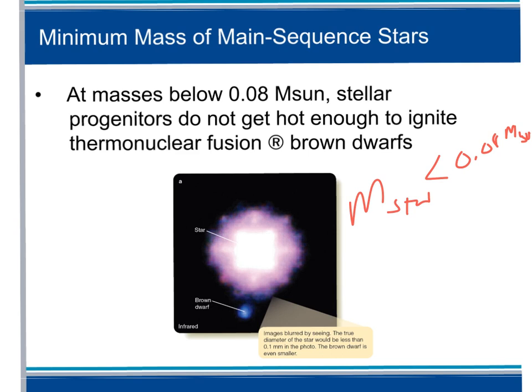All the fusion that occurs in here gives you a yellow, so that would make all this yellow here. If we had a lot of that fusion going on, it would give off a brighter color and make it very luminous. But in this case, this star is not hot enough to ignite that thermonuclear fusion, and consequently, it's called a brown dwarf.